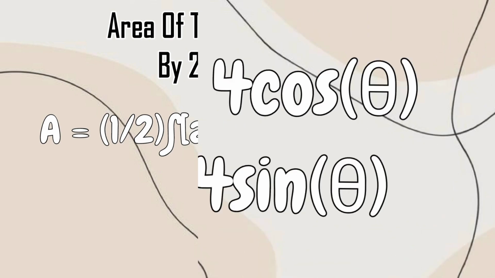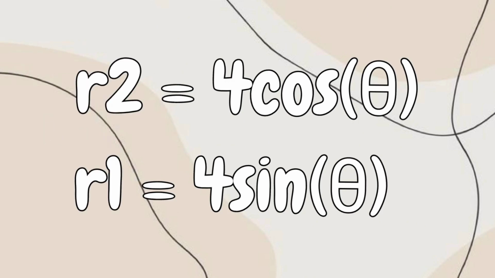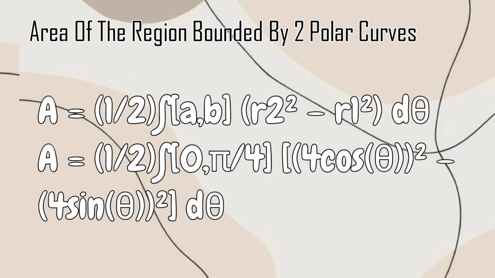Now, for example, we want to find the area bounded by two polar curves with radii 4 cosine theta and 4 sine theta. To do this, we need to integrate 1/2 of the integral, with the limits of the angle from 0 to pi over 4, of the quantity 4 cosine theta squared minus 4 sine theta squared d theta.